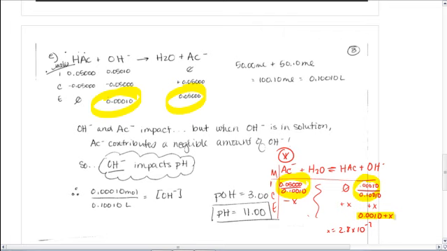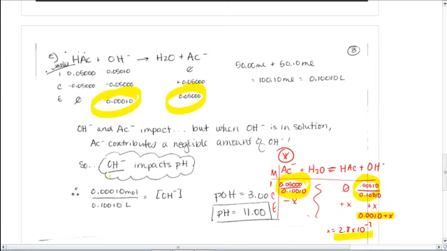This is how much of an effect that weak base has in contributing to the OH minus concentration. It's adding this 2.8 times 10 to the minus 7, hardly anything. So as we work through titration problems, that's why I have this written here. When OH minus is in solution, the weak base is contributing a negligible amount of OH minus. So we can ignore it.